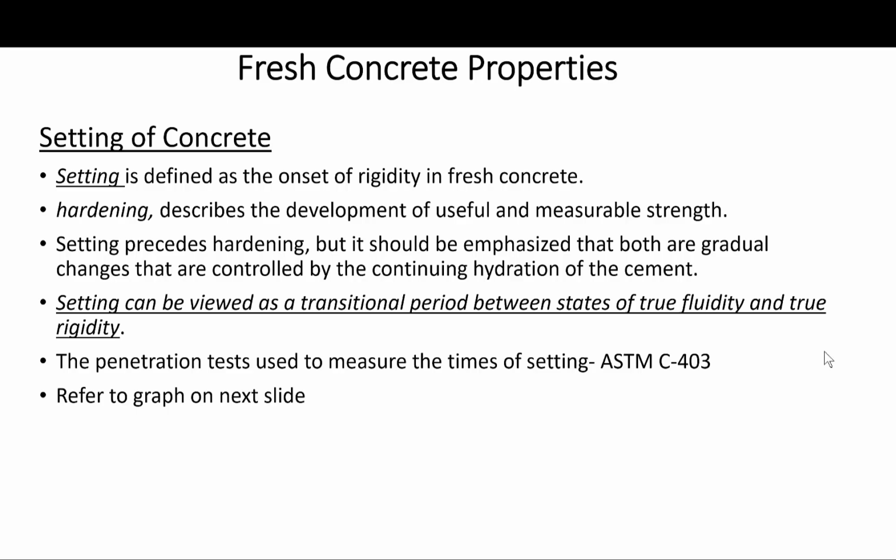Basically, we can view setting as a transitional period between states of true fluidity and true rigidity. Okay? So the figure I'm going to show on the next slide shows the initial set and final set, which are basically measured according to ASTM C403. This is for concrete.